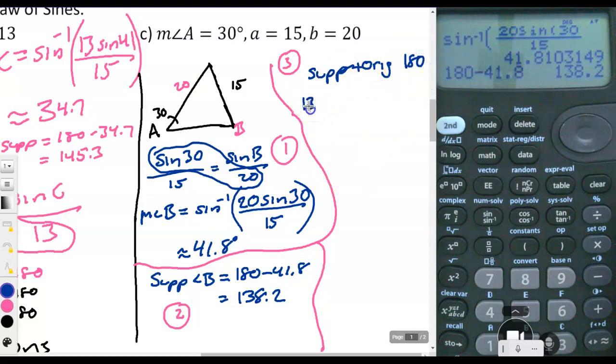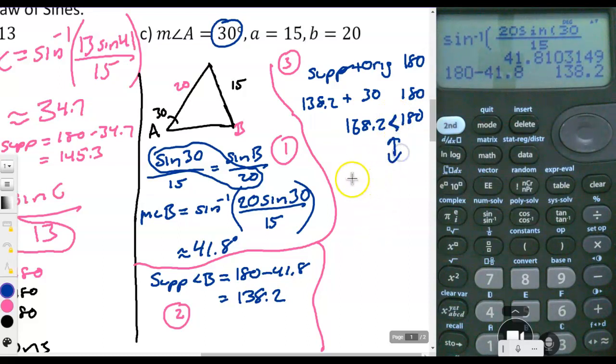So we have 138.2 plus the original 30. And clearly we get 168.2, which this time is smaller, right? Because of that symbol right there, that's what lets us know there's two solutions.